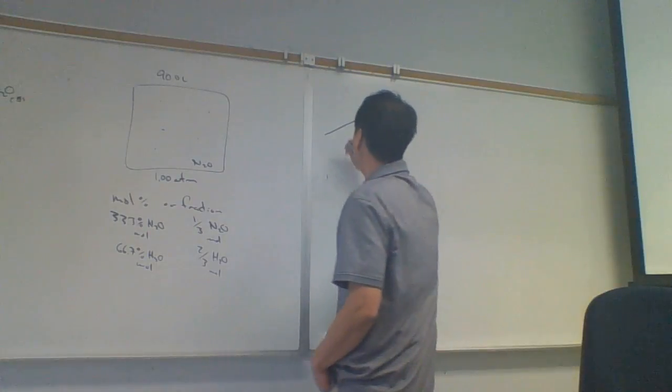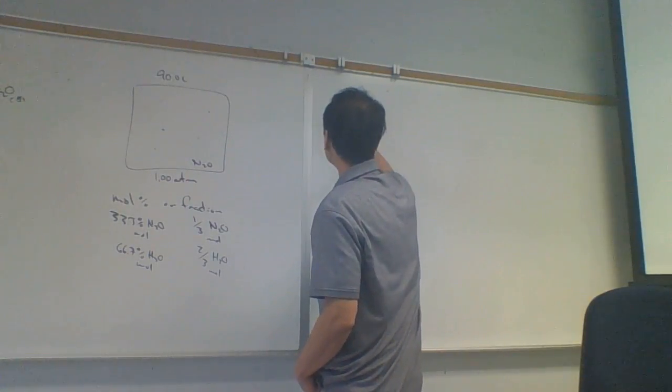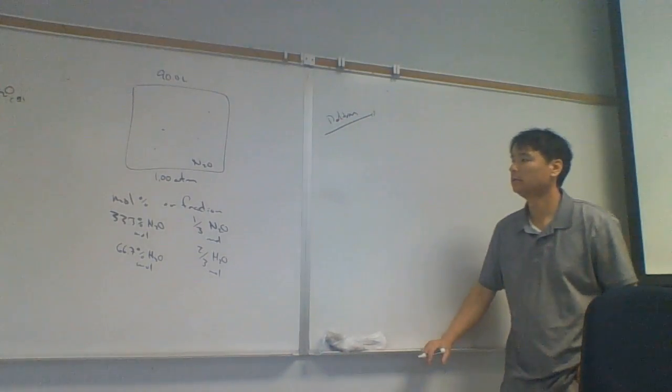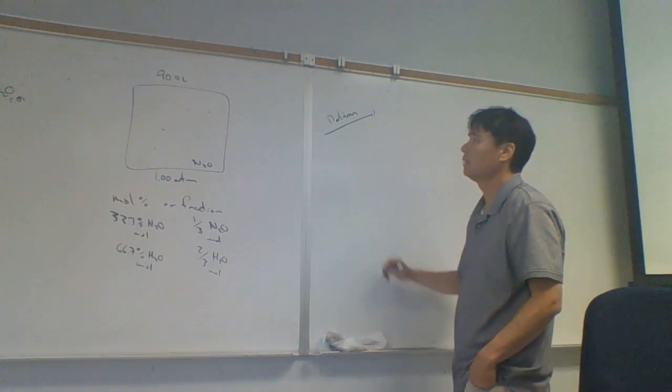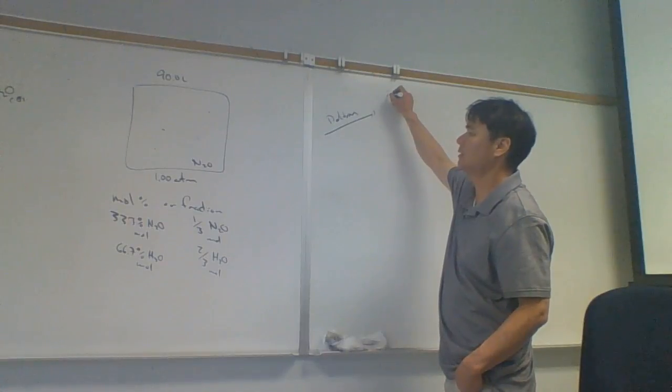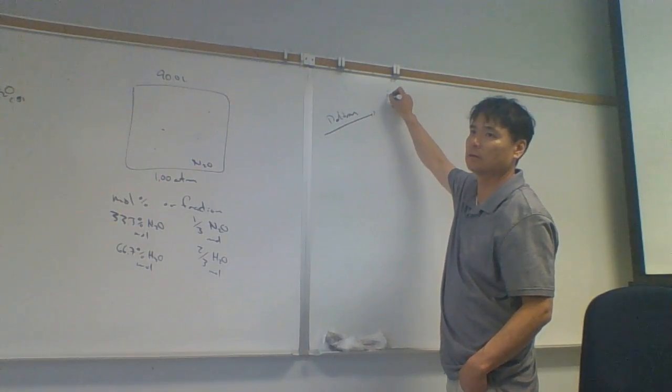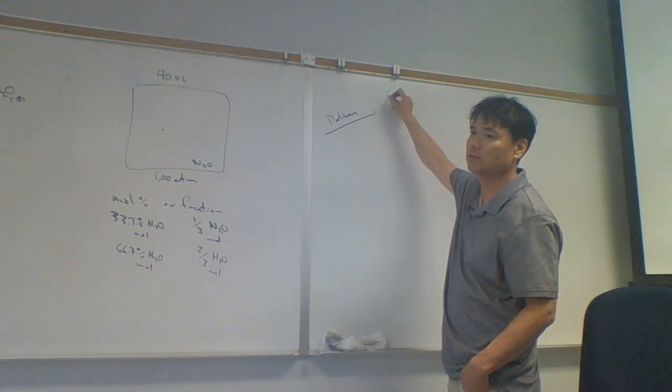And so if we look at this as Daltons, how would this look? How many liters of nitrous oxide would I have?